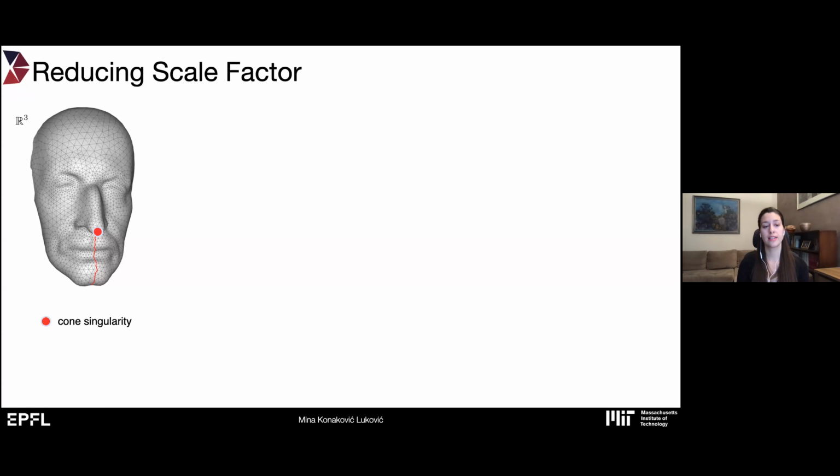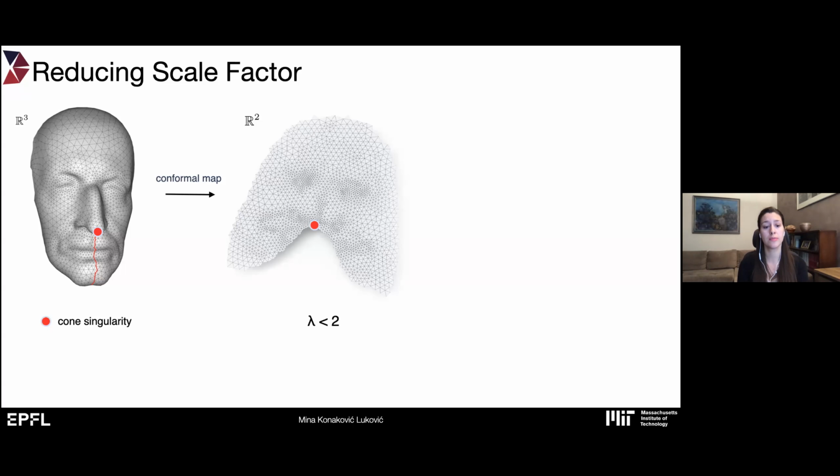Then we cut the surface all the way to the boundary so that once we map it to the 2D domain, it can push all the curvature, or the error of the scaling, towards the boundary, because the boundary is now larger. Then the scaling factor will end up being lower than if we wouldn't introduce the cone singularity. So in this example, with only 1 cone singularity and this 1 cut that goes from the nose to the chin, we reduce the scaling factor to below 2, which is something that we need for our algorithm.